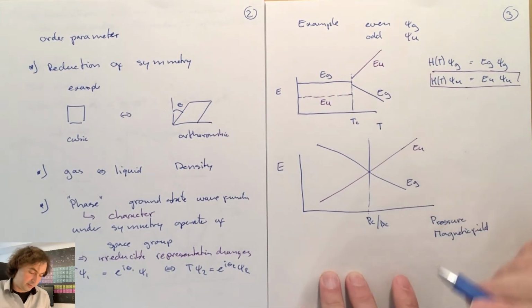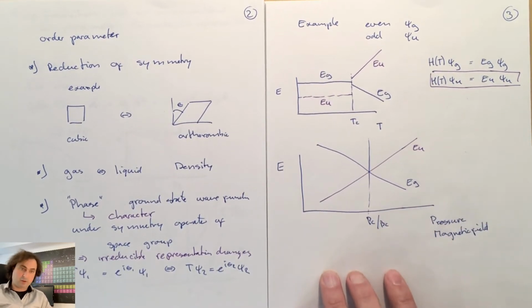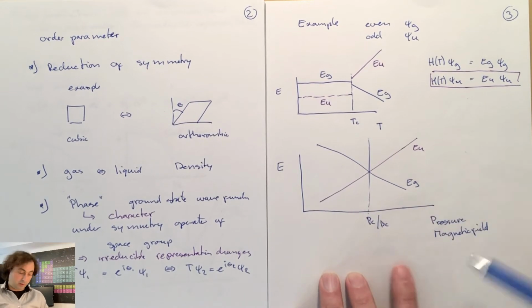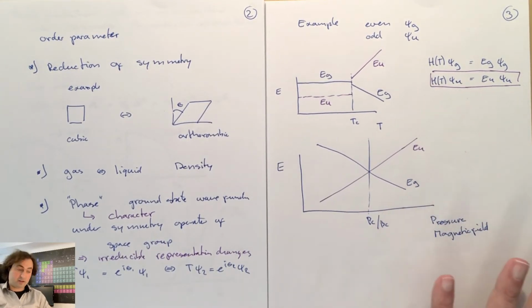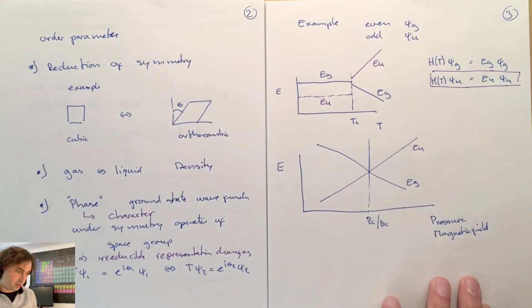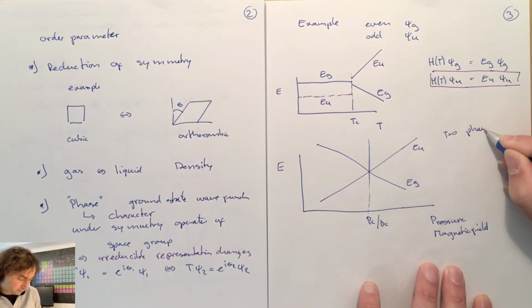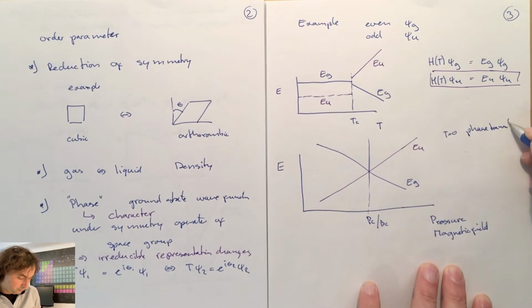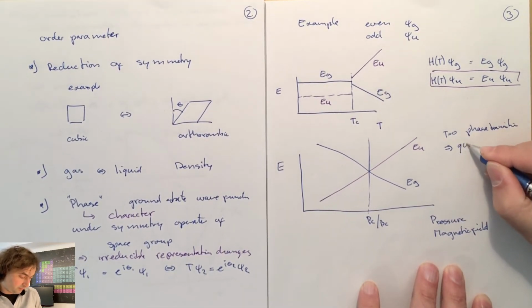And well, of course, it does not necessarily have to be even and odd. If I have one state with a magnetic moment and one state without a magnetic moment, you can easily see that this would happen in a magnetic field. One is paramagnetic, the other ferromagnetic, and you would get behavior like this inside the magnetic field, giving rise to a phase transition at T equals 0. And this is what is known as a quantum phase transition.